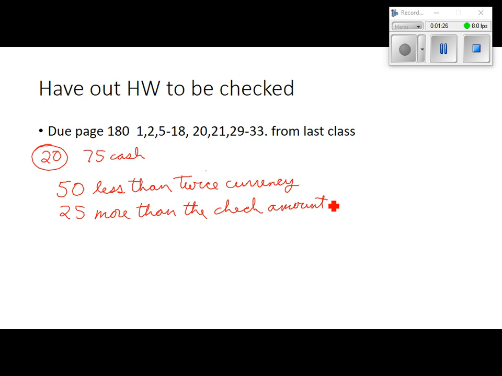Determine the amounts. Martha deposited in checks and in currency, as well as the total deposit.